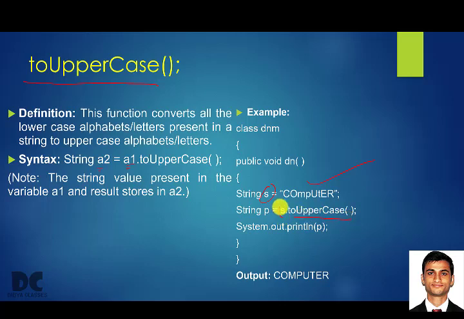We converted whatever is present in S to uppercase. So what will happen? In P, COMPUTER will be stored with all the alphabets in capital letters. Understood? toLowerCase and toUpperCase are opposite of each other. Clear? Then toLowerCase and toUpperCase will be used in programs heavily. So you have to remember this syntax. We'll be doing programs using toUpperCase and toLowerCase in future classes.